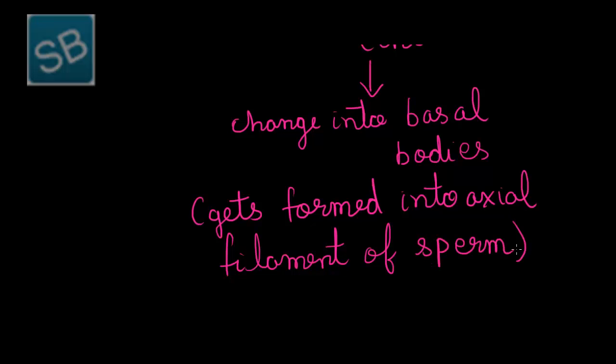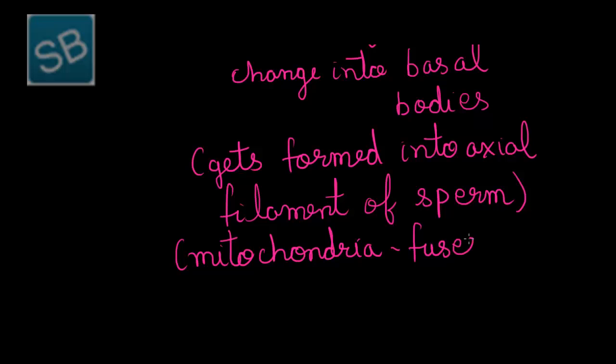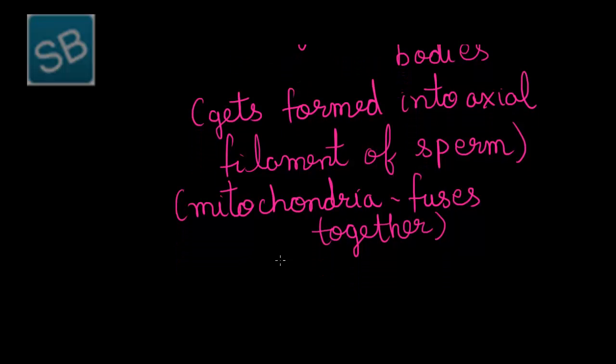In this, the mitochondria that are present get fused together and twist spirally to form the axial filament. Thus, within this axial filament, mitochondria also play an important role. Due to this axial filament, the middle piece of the sperm gets formed.